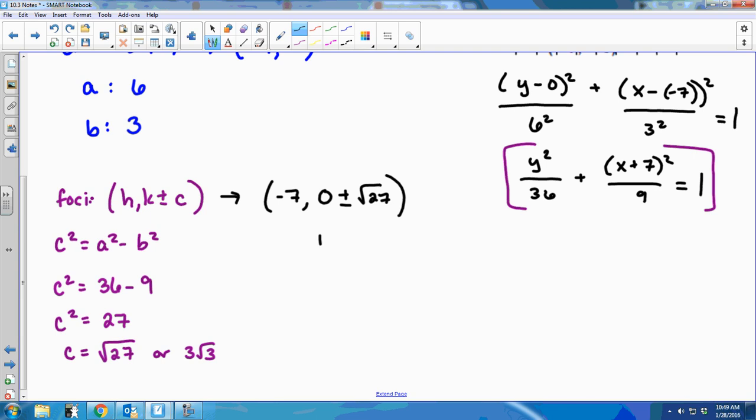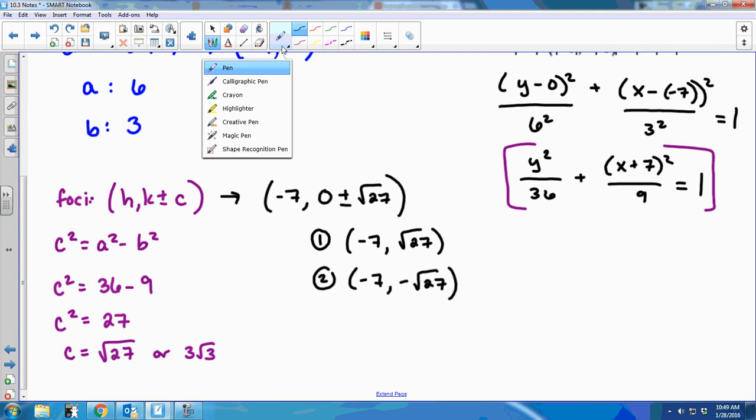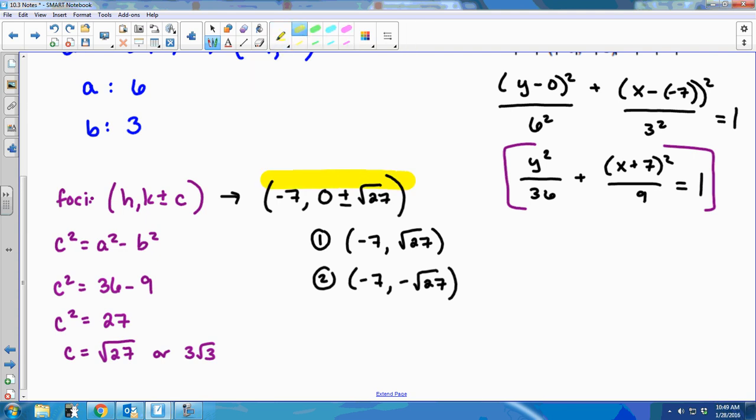So if you wrote them individually, we would have negative 7, positive square root of 27 because you have 0 plus. And then the second would be negative 7, minus the square root of 27 because it's 0 minus. But again, you can just leave it just like this, and that'd be okay. Because you're not going to graph them at any point. Questions about any of this example? That's learning target 6. Not so bad.